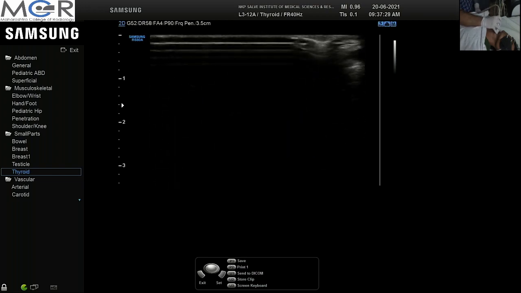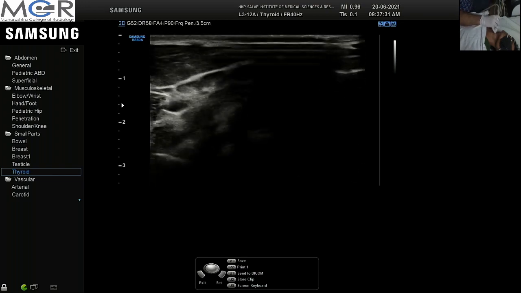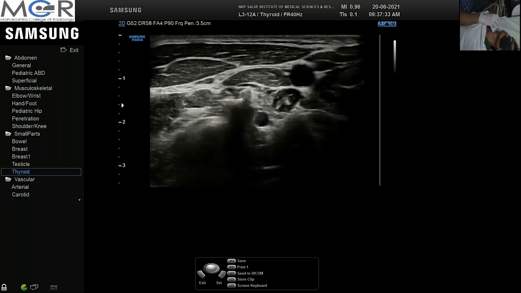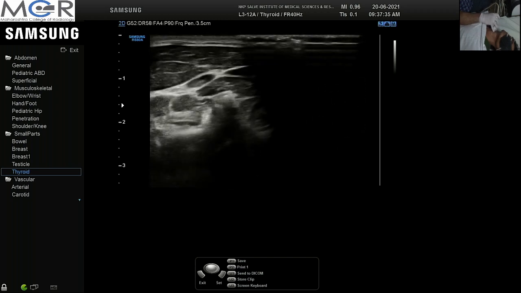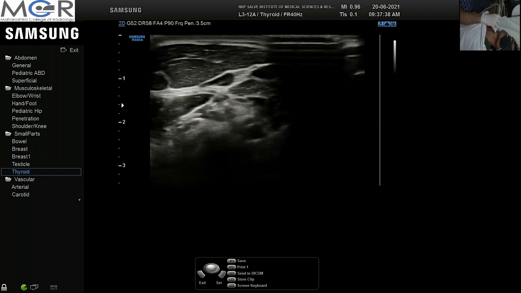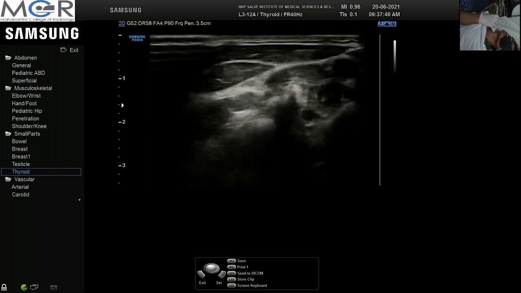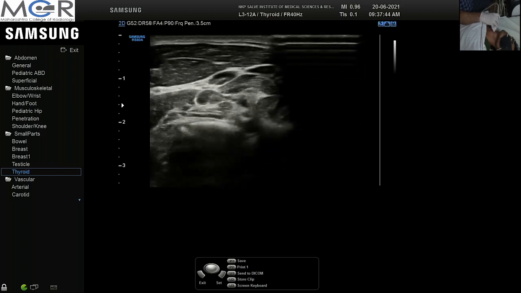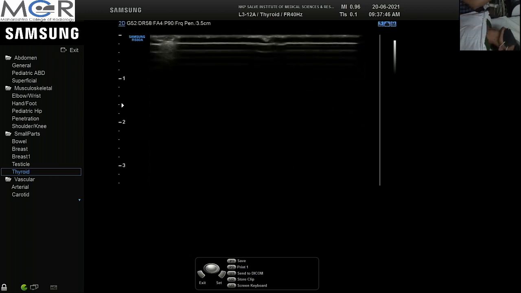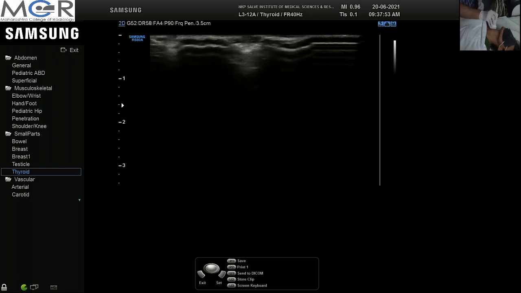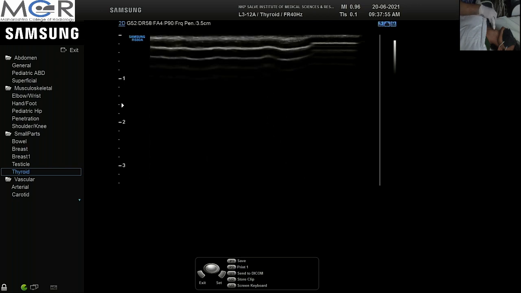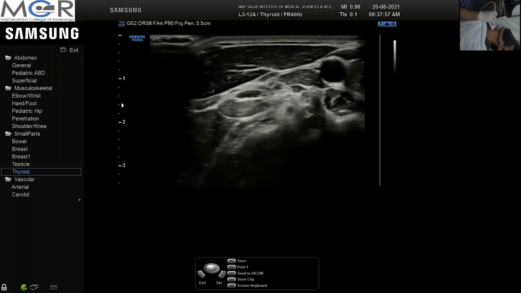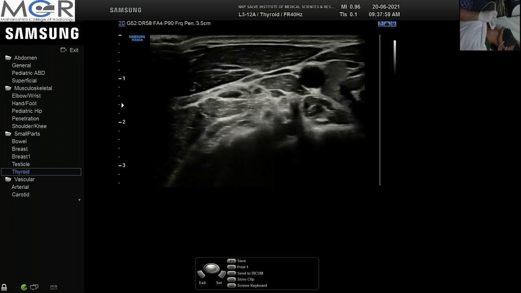Now as we go down into the mid cervical region, the contents of the cervical region are the same, mostly the jugular vein, carotid artery, vagus nerve and the lymph node.